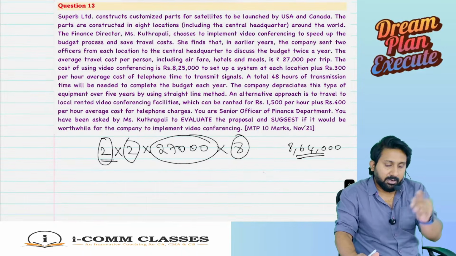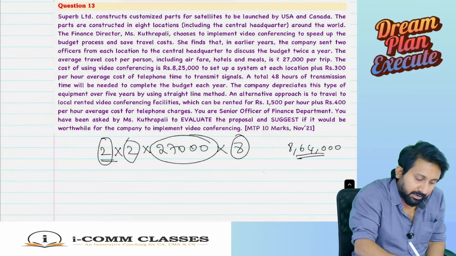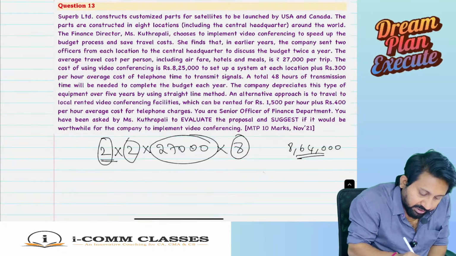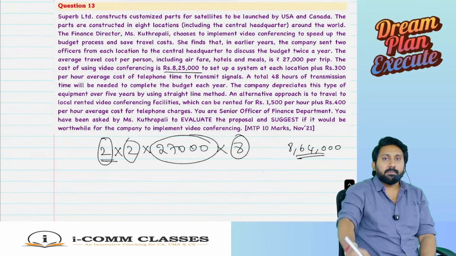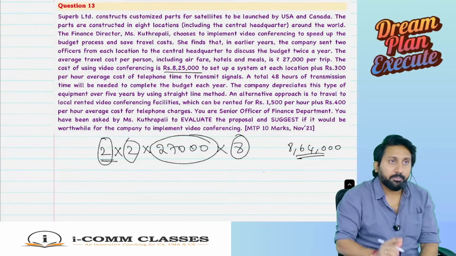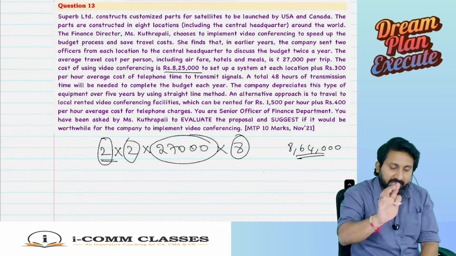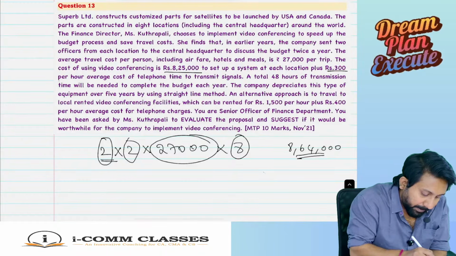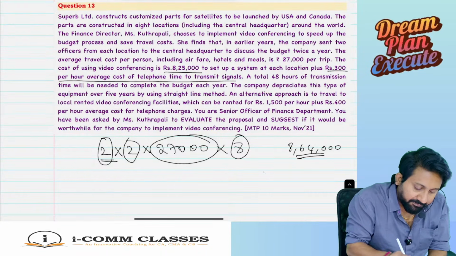Next, common sense. Tell me, if I go by video conferencing, what is the cost of equipment? Take the calculator. First, 8,25,000. Put it on M plus. Don't take anything else. Next, tell me, 300 rupees per hour is the average cost of transmission.